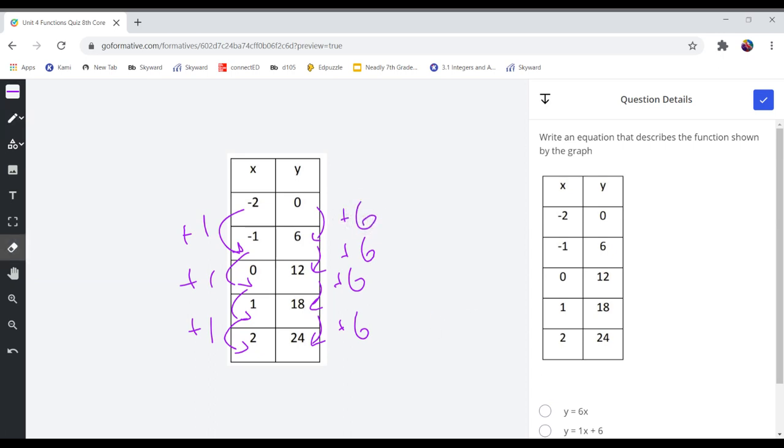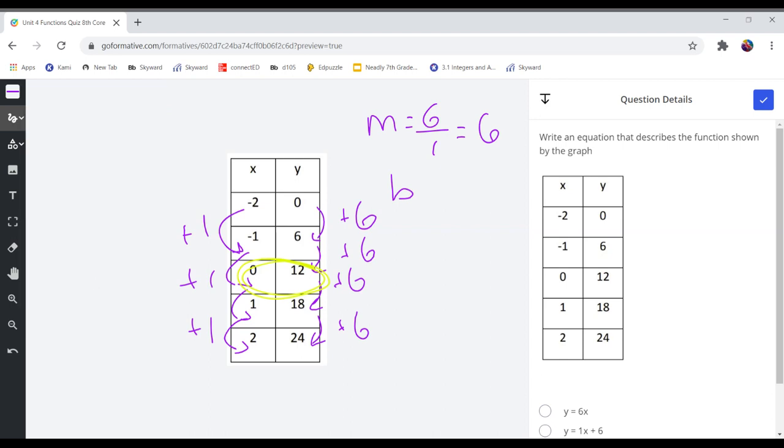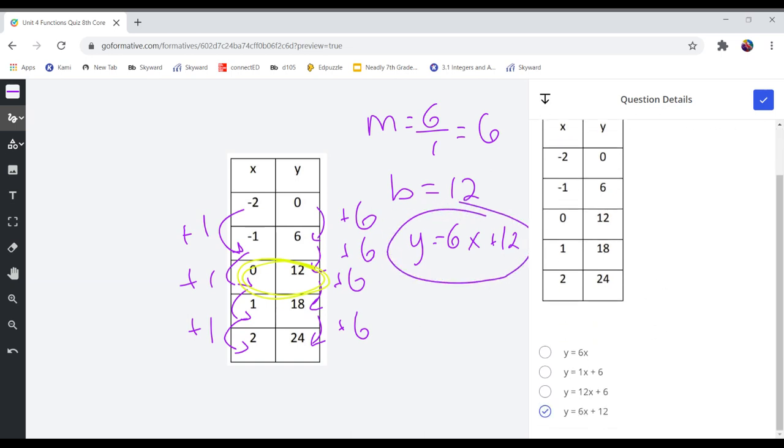So that means that my slope is going to be 6 divided by 1, which is 6. My y-intercept, well, that is located right here at 0, 12. So that means my y-intercept is going to be 12. So my equation becomes y equals 6x plus 12, which is the last option.